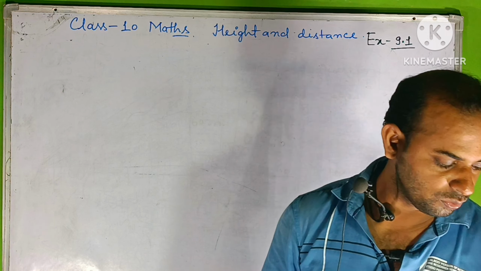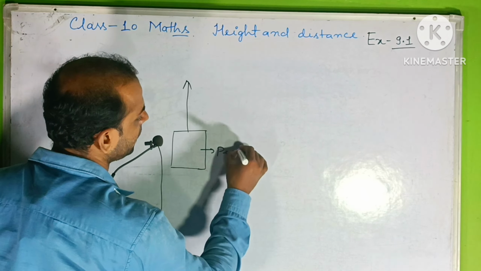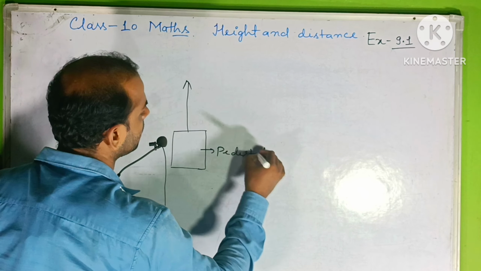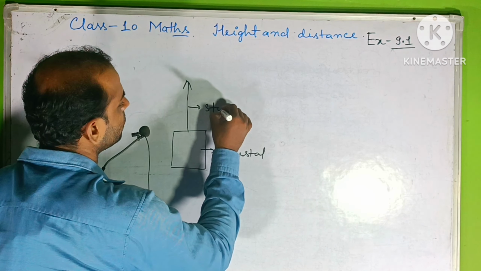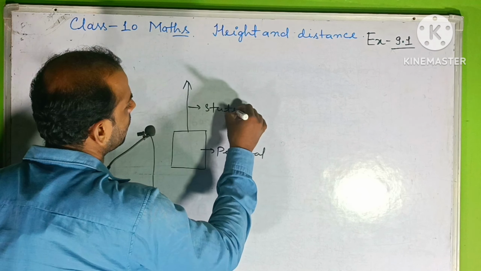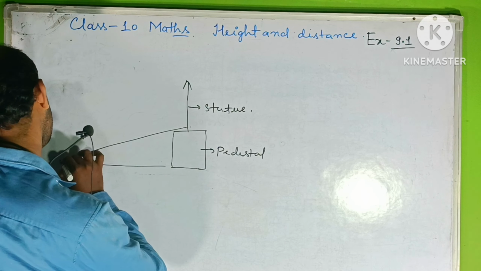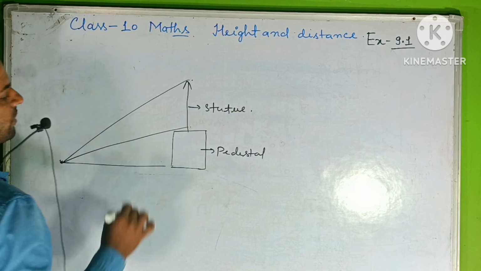Now see, there is a pedestal. Whenever you are making a statue, you have to make a pedestal, and on that pedestal, this is the pedestal and this is the statue. Understood? Now from here, the angle of elevation up to this, and the angle of elevation at the top.